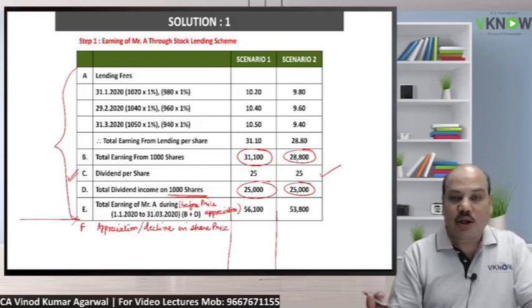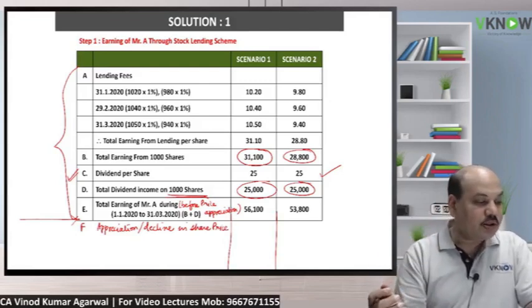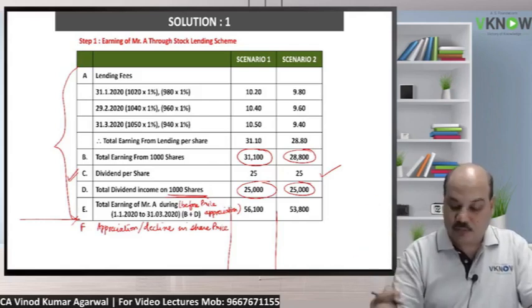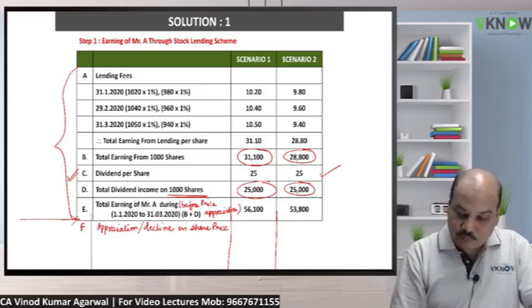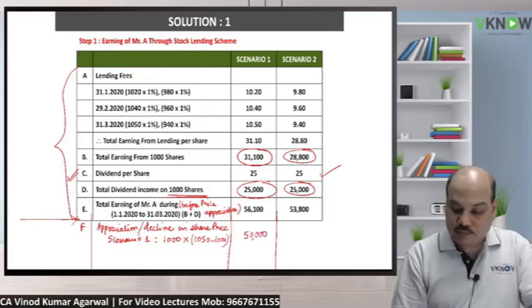When Mr. A had purchased the share, price was 1000 rupees on 1st January. On 31st March, the price is 1050 in scenario 1. So in scenario 1, the gain is 1000 shares into 1050 minus 1000. So I will add 50,000 here.